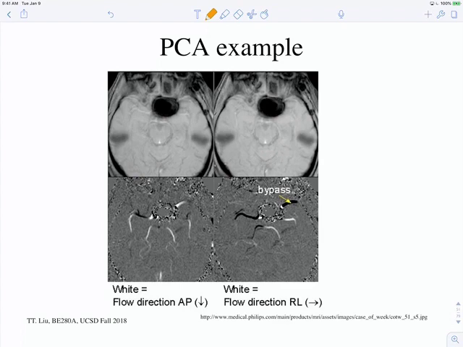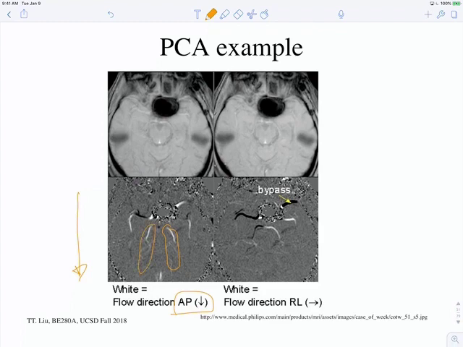Depending on which way we apply the gradients, we sensitize ourselves to different flow. In this case, we want to look at the flow on the left, moving in this direction, which is called anterior to posterior flow. You can see here that we're sensitized to that flow.